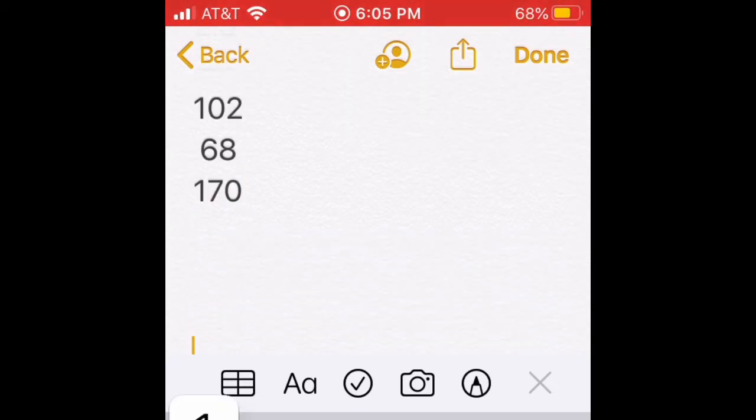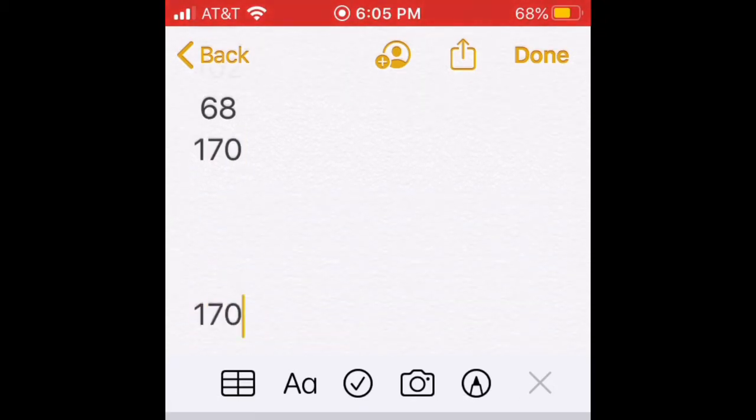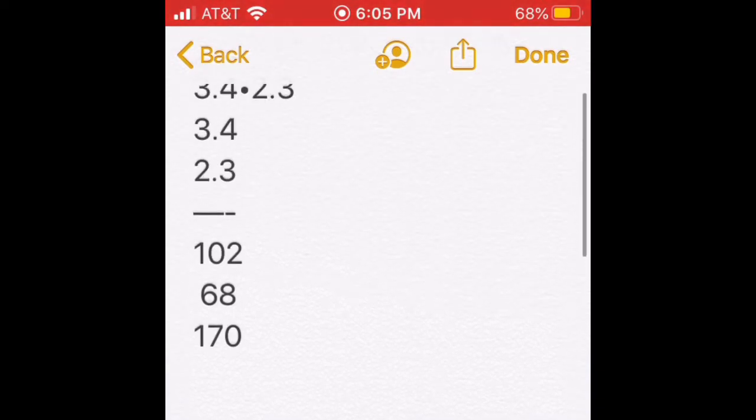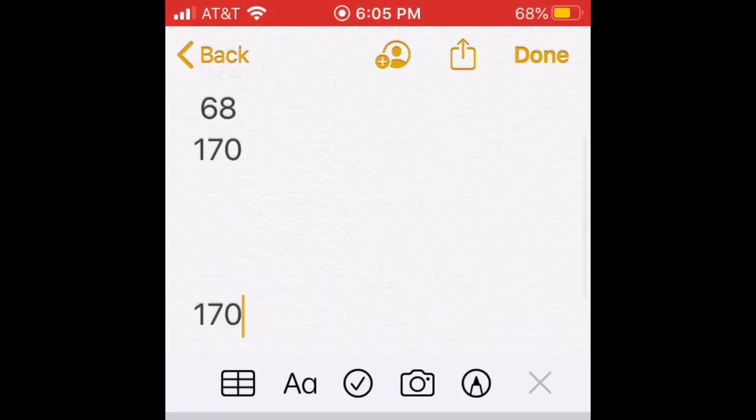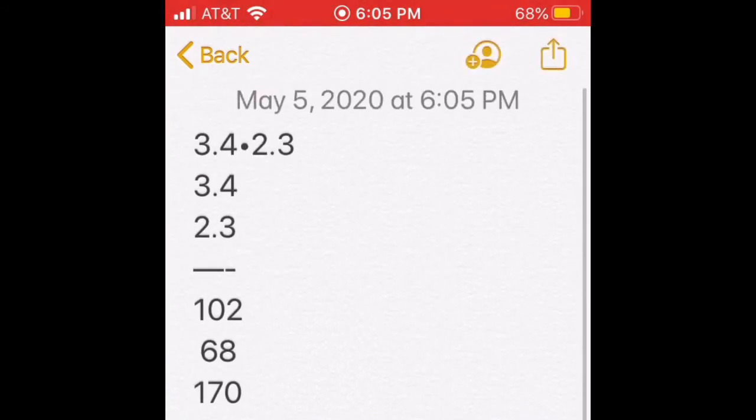Well, where do we put the decimal point? If we look up, we would see that there are 2 decimal points and 1 number after each decimal point. 1 number plus 1 number equals 2 numbers, right? So 2 numbers after the decimal point. Correct. So we just need to move the decimal point from the very end of that 170 over 2 places.